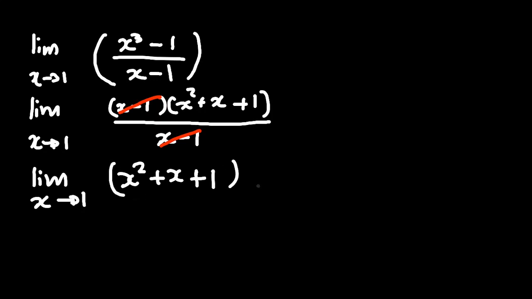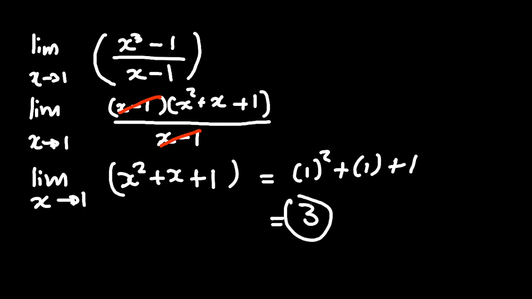So now we can directly substitute 1 in place of x. We will have 1 squared plus 1 plus 1 here, then we get 1 squared is 1, 1 plus 1 is 2, plus 1 is 3. So this will be the answer for this limit here.